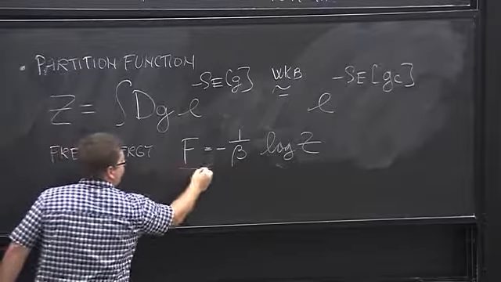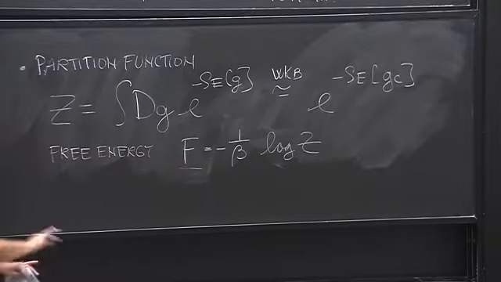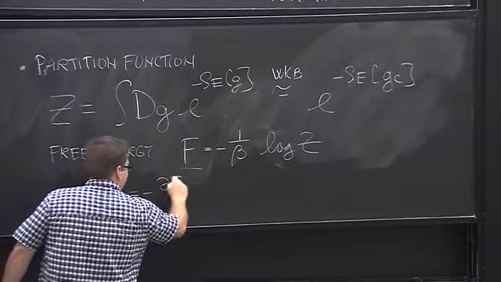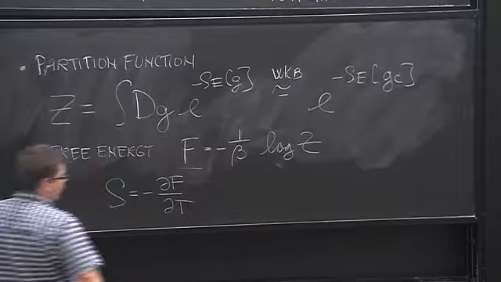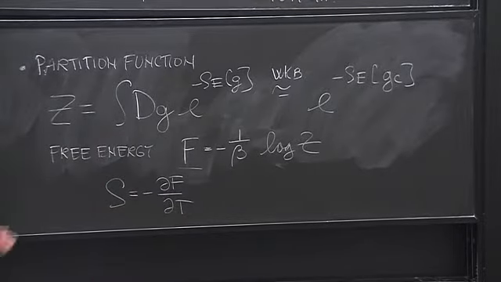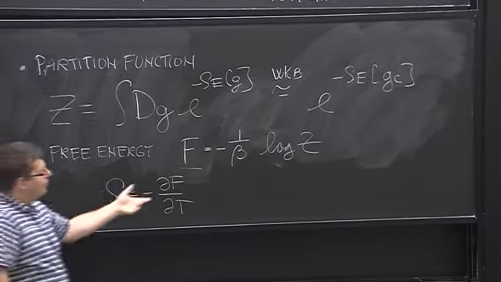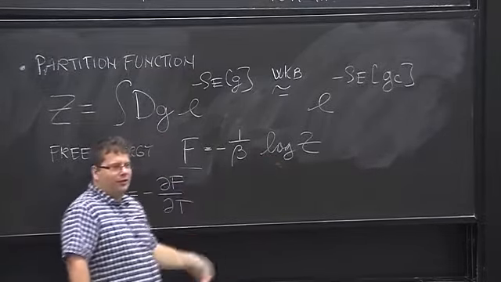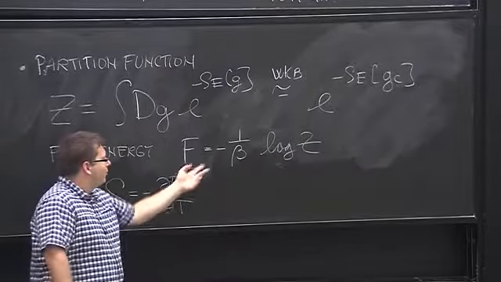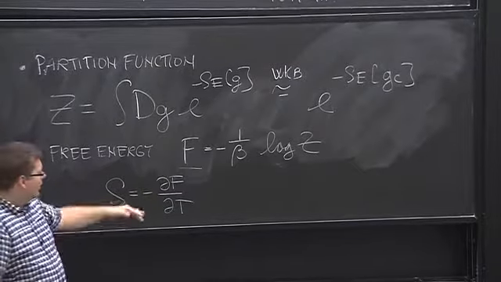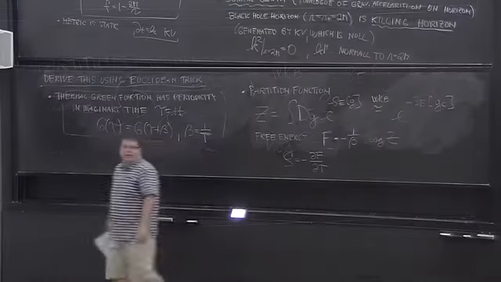So once you know what the free energy is, you can calculate anything you want about thermodynamics. In particular, the entropy is minus dF over dT. Okay, so this should be familiar to everybody who has done any statistical physics, right? If I have the partition function, this is my free energy, and then from free energy I can calculate anything, and in particular I can calculate the entropy.